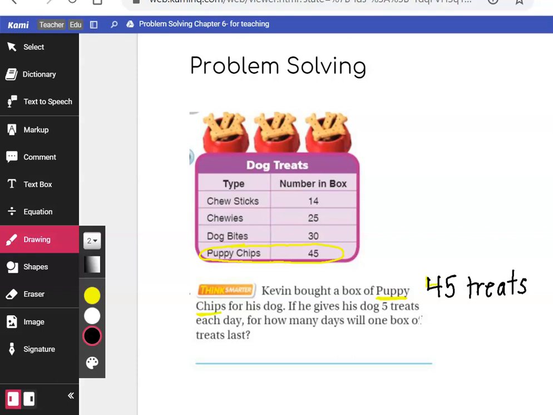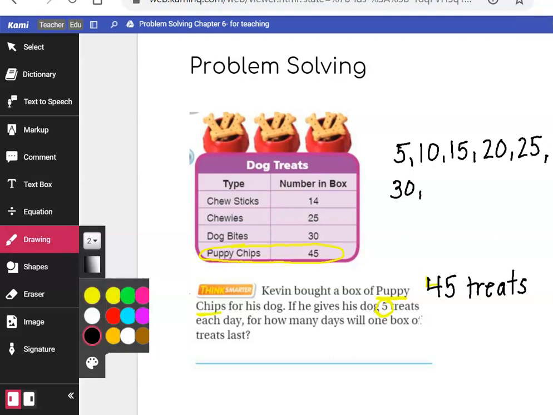So I'm going to just take some notes at the top here. I'm going to count by 5s until I get to 45. And for each of these numbers that I'm writing up here, each one counts as one day. So this was one day, the second day, third day, fourth day, and so on. So I'm going to skip count by 5s, because if I look in this problem, I know I'm going to have 5 each time.